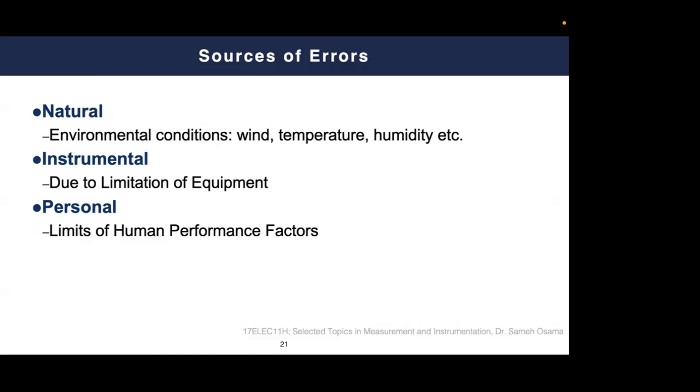Or due to high humidity, a layer of water vapor might accumulate on the surface of your sensor, which impacts the reading. Again, it's an environmental effect. All these uncontrollable parameters contribute to what we call the natural or environmental noise, also the environmental error.